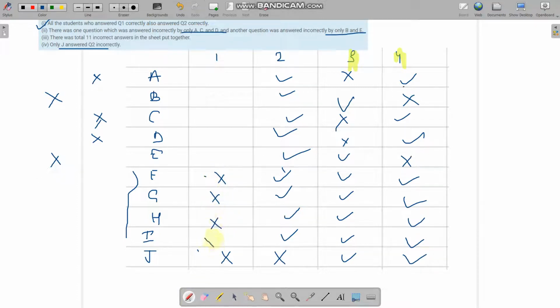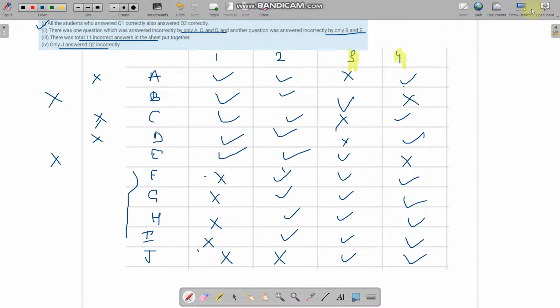Now another point: there are 11 total incorrect answers in the sheet put together. So let's count the incorrect answers as of now: 1, 2, 3, 4, 5, 6, 7, 8, 9, 10, 11. So no more incorrect answers, the rest will be correct. Then we are done with the table.